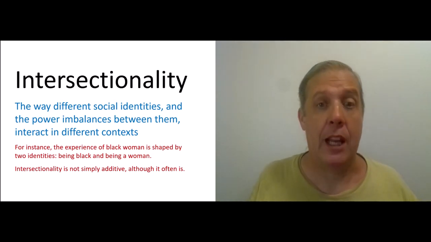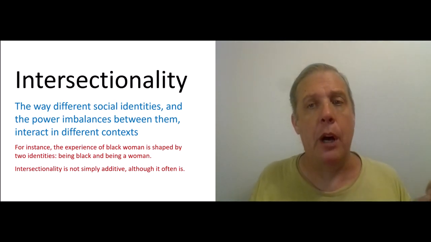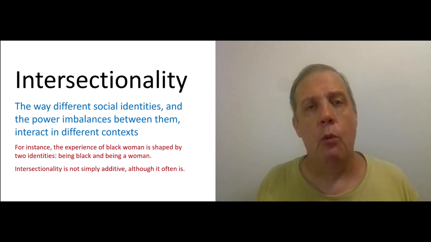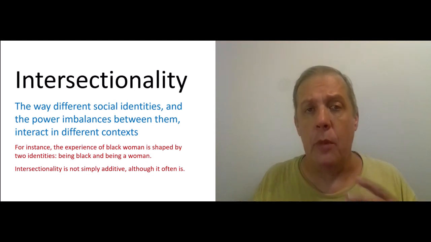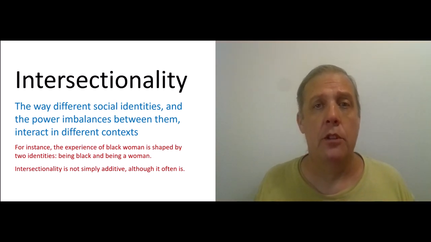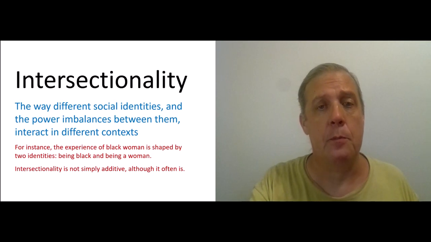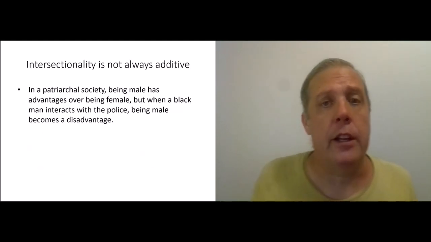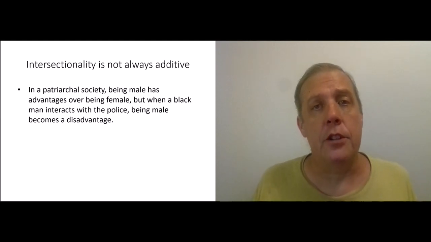And in some cases it is, often it is. But it's important to see that identities, when they interact, can interact in unexpected ways. So I just want to give you two examples. In a patriarchal society, being male has advantages over being female.